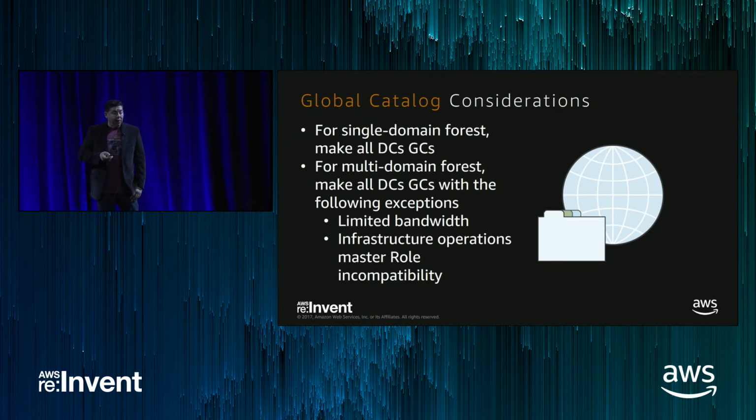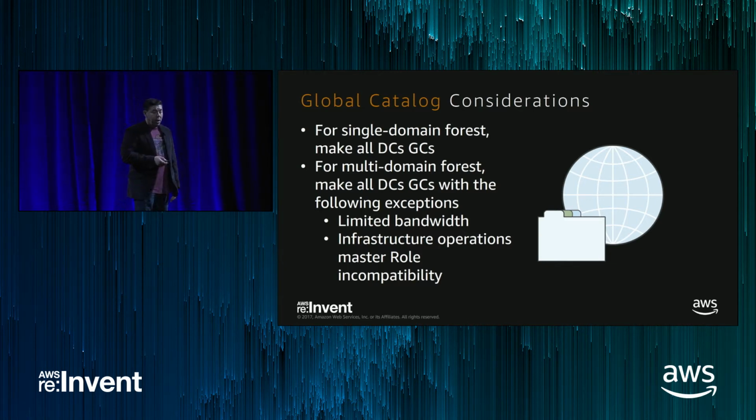For global catalogs, of course, if you have a single domain forest, then just make all your domain controllers global catalogs. For multi-domain forests, there are some things to take into consideration as far as which servers are enabled as global catalogs and for what reasons. There may be security implications that may determine whether or not some servers are enabled as global catalogs, depending on your configuration. There may be some limits with your bandwidth.